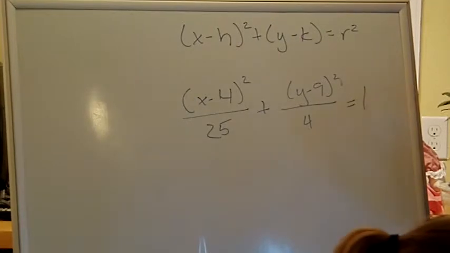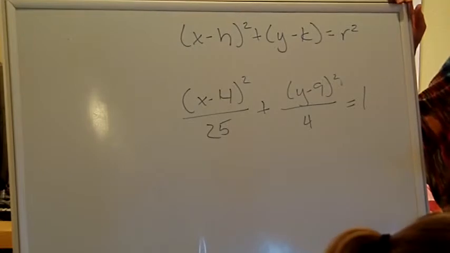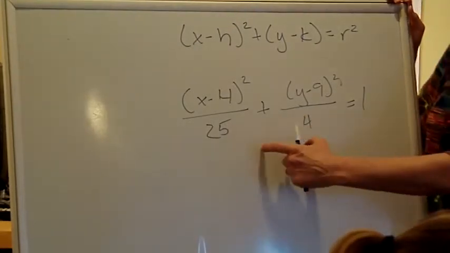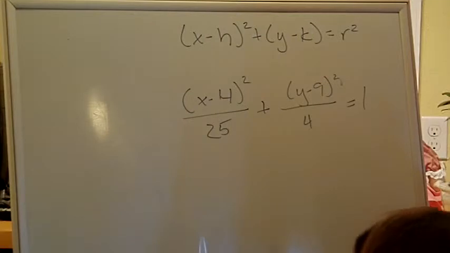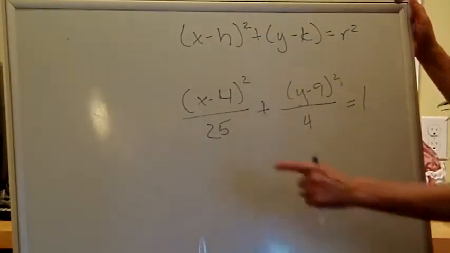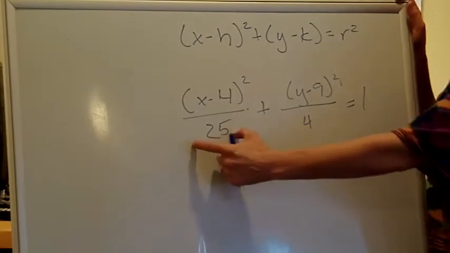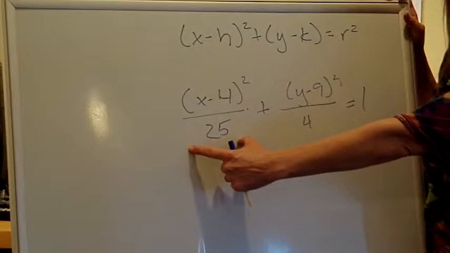If you are not familiar with ellipses or hyperbolas or any of those, they've got a section in the book. I don't know if I wrote down the page, but I noticed there was a section on there, and it talks about the distance. If you'll notice, this describes the distance from the center.